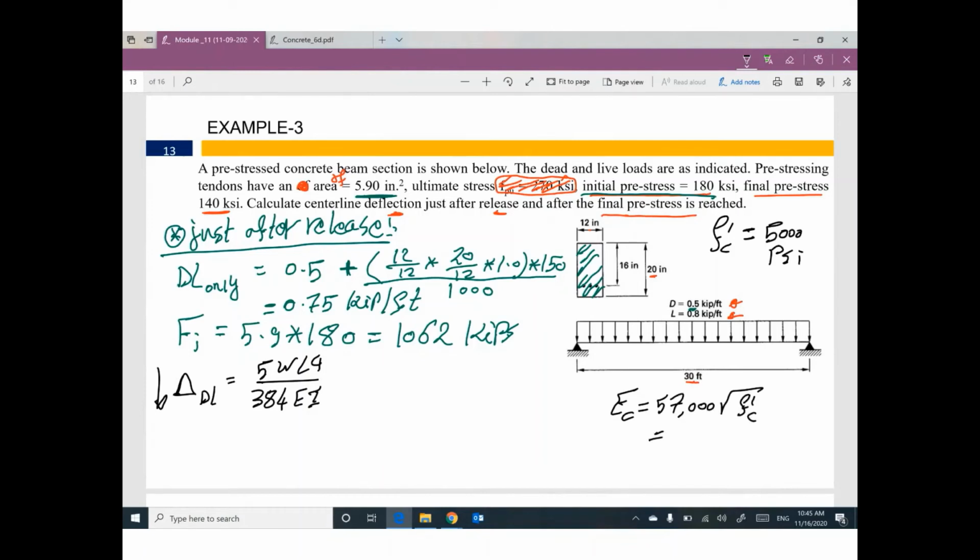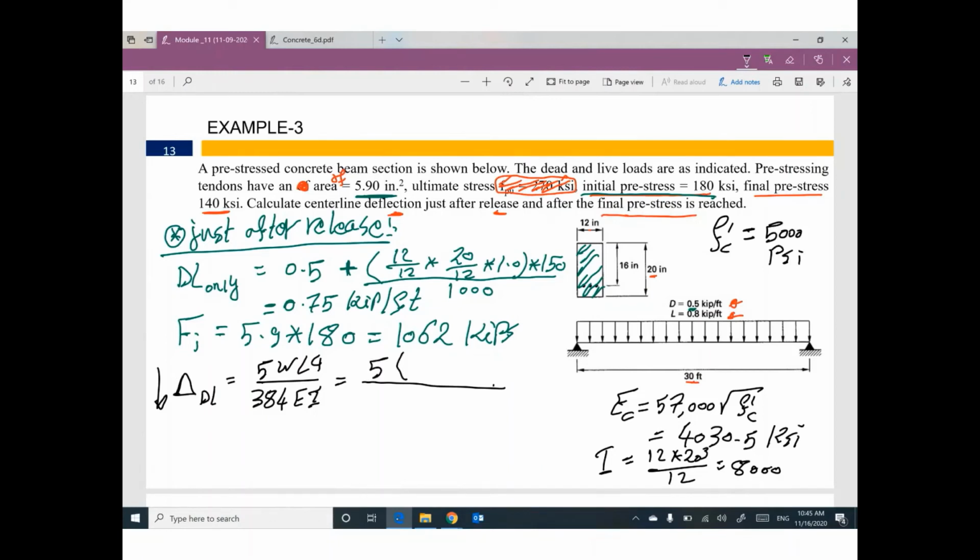This value will be 30.5 ksi. Moment of inertia for this cross-section equals 12 times 20 cubed over 12. This one will be 8,000.